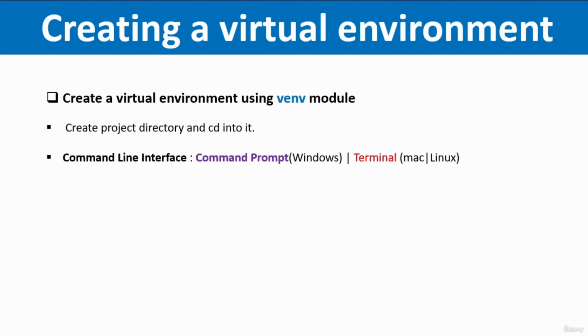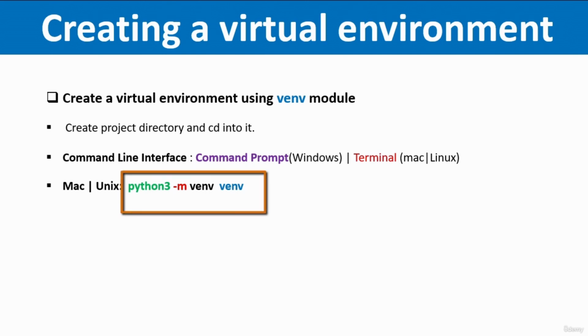Once you are in the command line interface, if you're on a Mac or Unix-based computer, you type in this command, python3 -m venv. venv is the Python module that you use to create the virtual environment. You do a space and then you give the virtual environment a name.